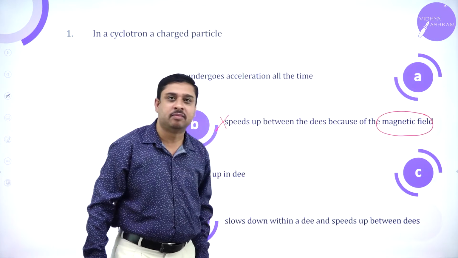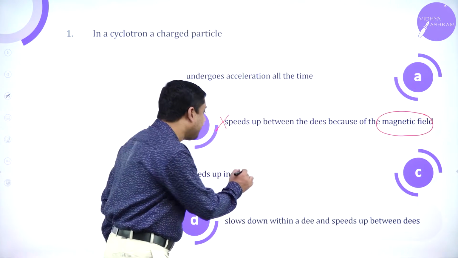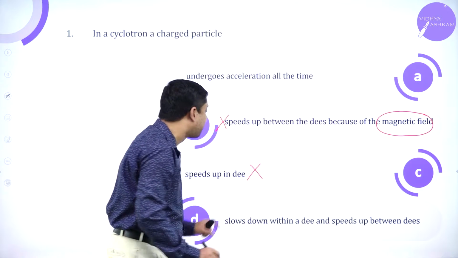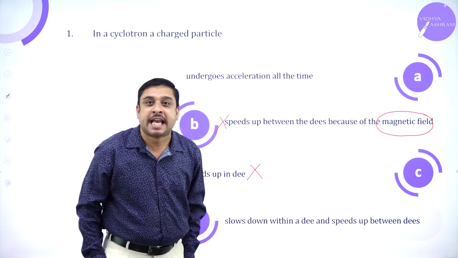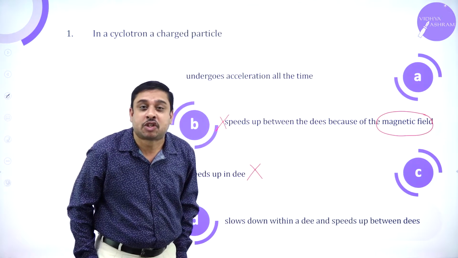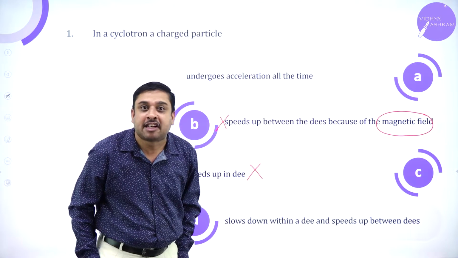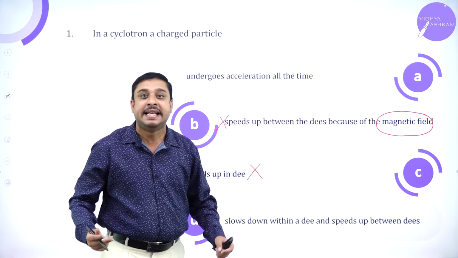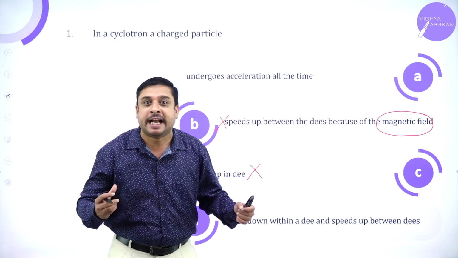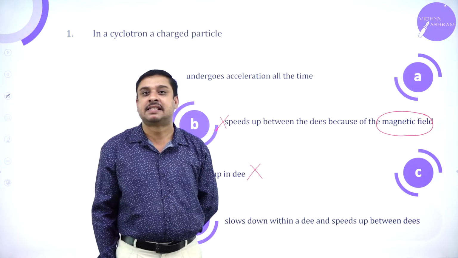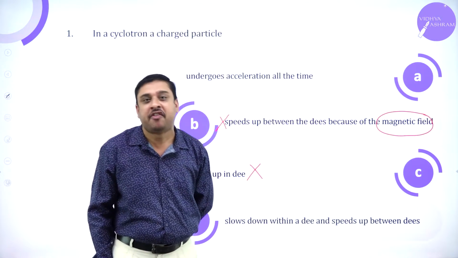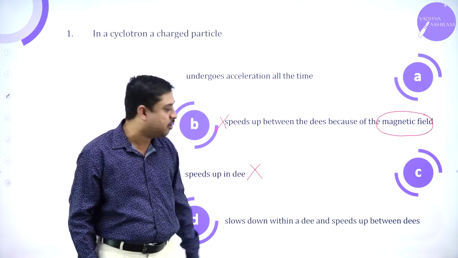Speeds up in the D? No. What is the function of the D? It is only to change the direction of the charged particle. This is supported by the magnetic field, which changes the direction of the charged particle.